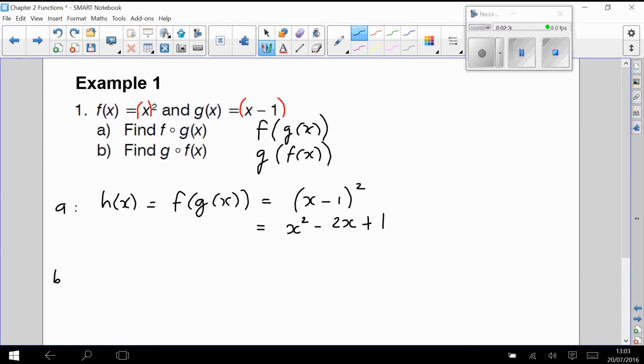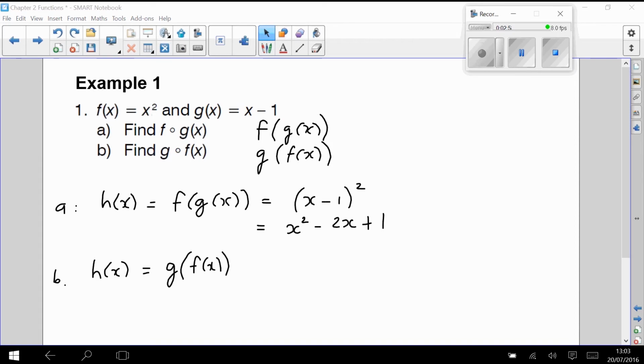And similarly, if I try with number B, in B, my new graph, h of x, must be the combination graph when I start with a g of x graph, and in the place of x, I'm going to substitute f of x. If I highlight this differently now, I now have to take a look and see what am I going to replace instead of x in the g of x graph.